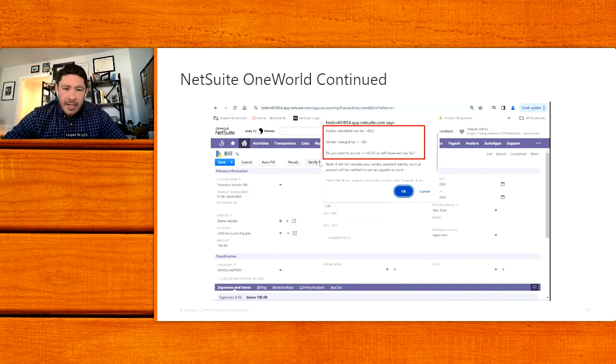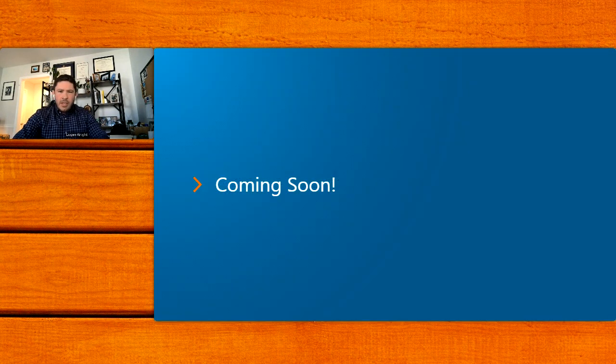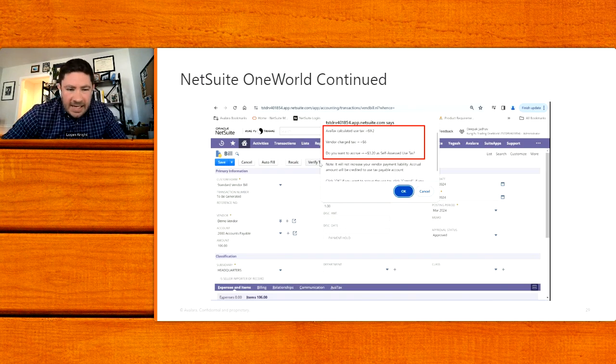So upon clicking that, you will see what the AvaTax calculated use tax was, what the vendor charged tax was, and similar messaging. Would you like to accrue the $3.20 on self-use tax? At which point you will be able to adjust that tax just as you did in Business Central.